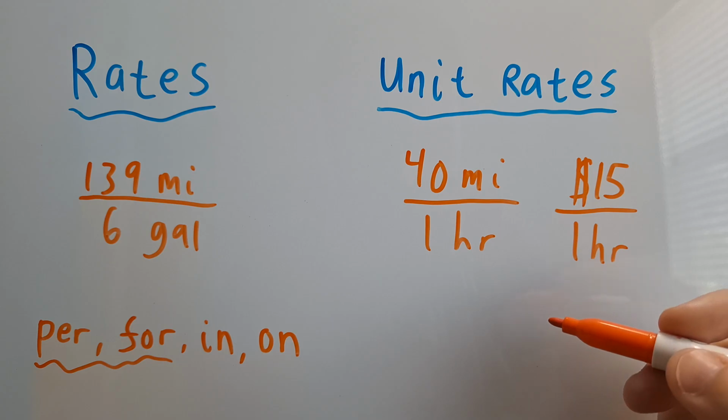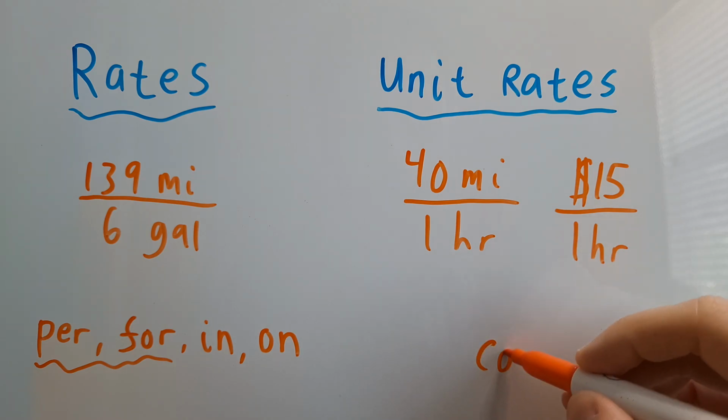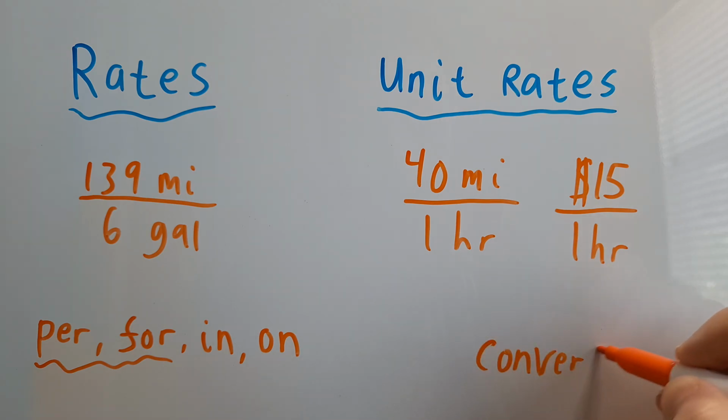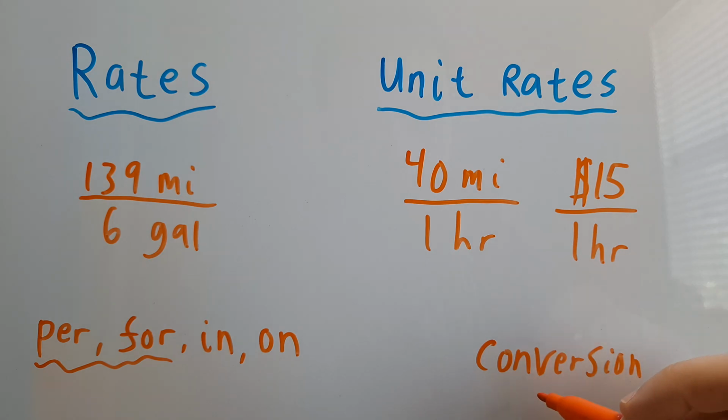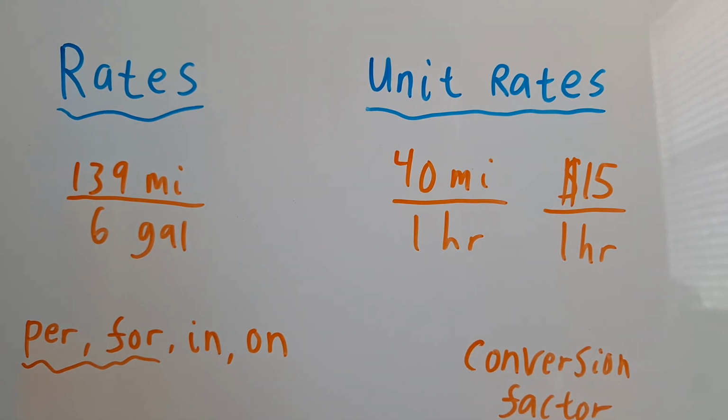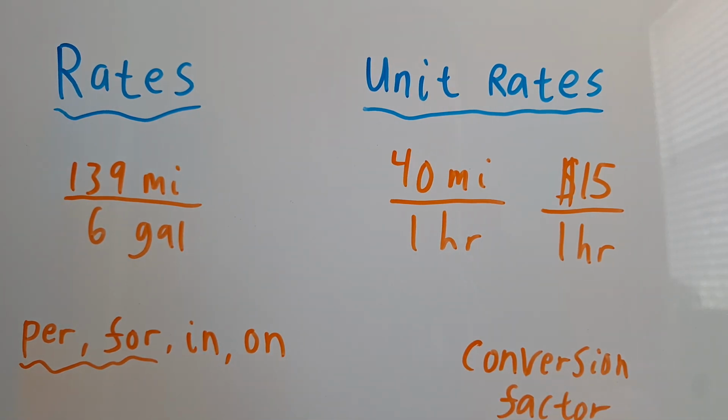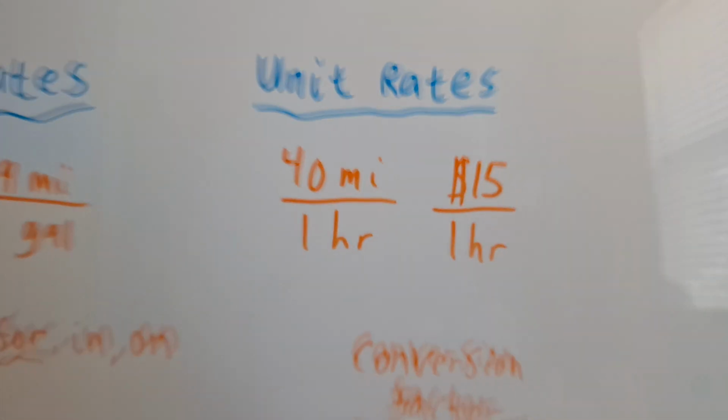And that's what's called a conversion factor. Something like 60 seconds for 1 minute or 60 minutes for 1 hour. Those are what are known as conversion factors, and we'll use that conversion factor to help us solve this unit rate problem.